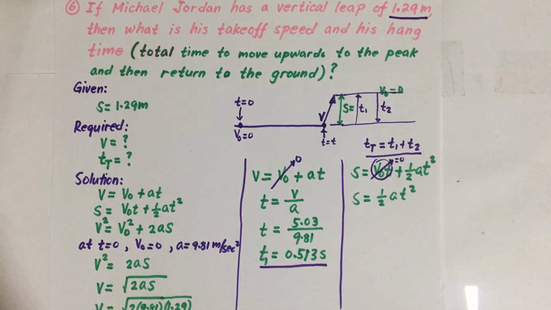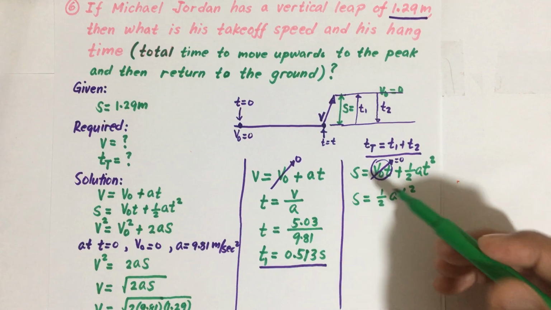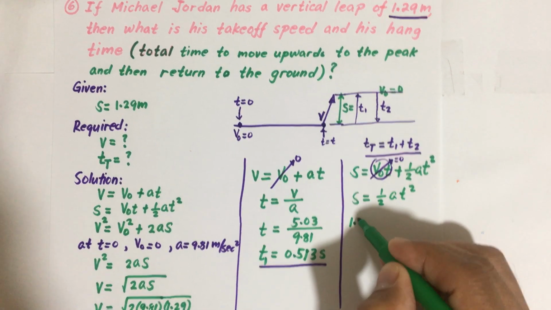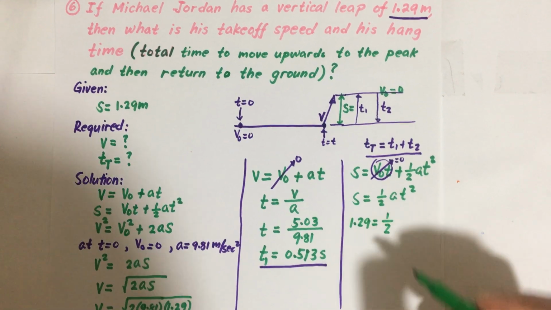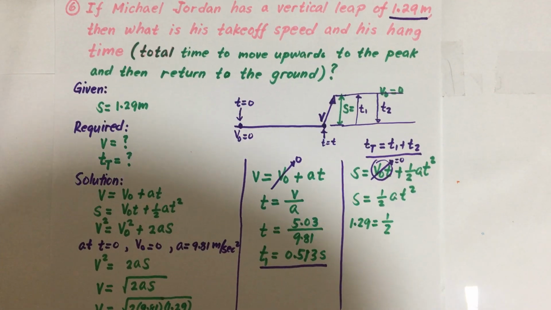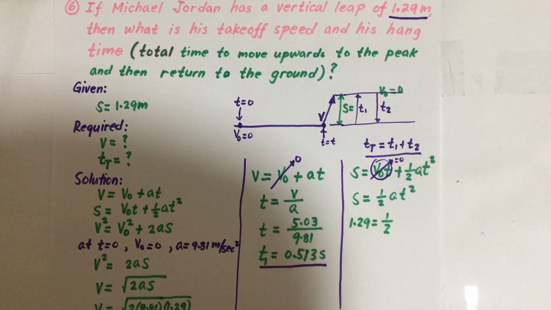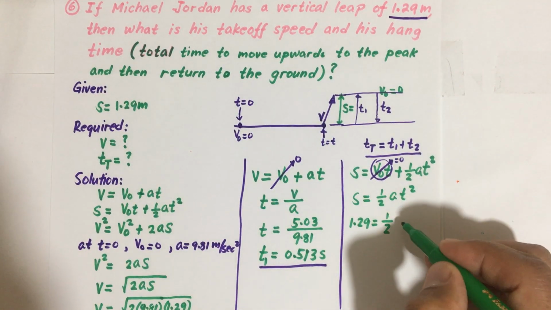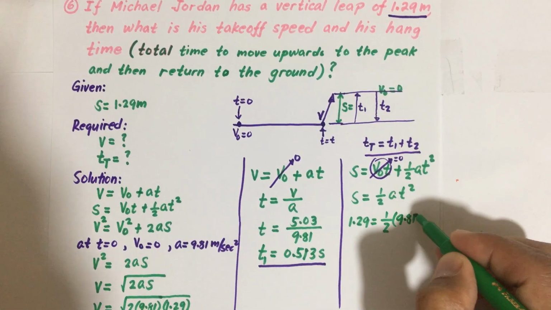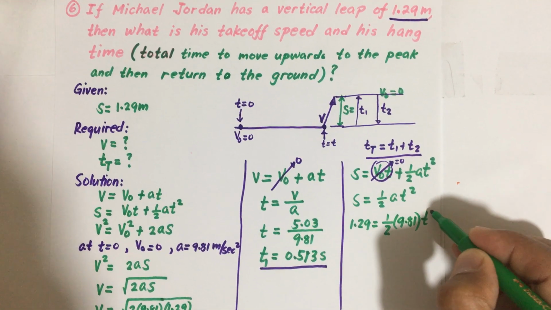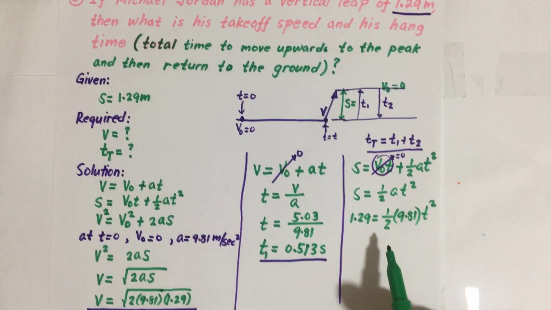And we're given the vertical leap, which is S, equal to 1.29. So 1.29 equals 1/2 times the acceleration, 9.81, times T squared. So you see here we have only T as our unknown.